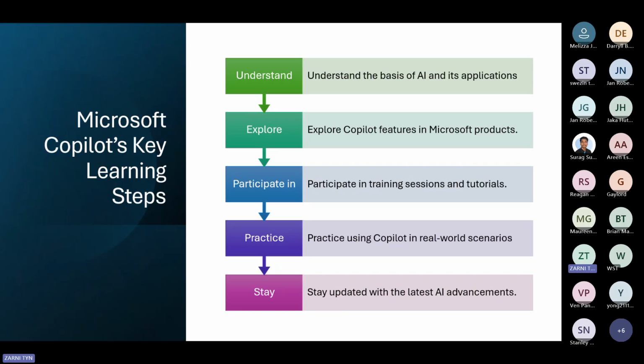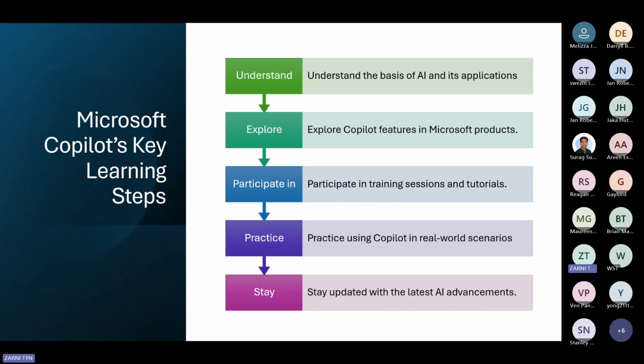And if you are the boss, or you are an AI leader, consideration of how Copilot can drive your organization, how to progress your organization is very important. And that is the participant in the training session.